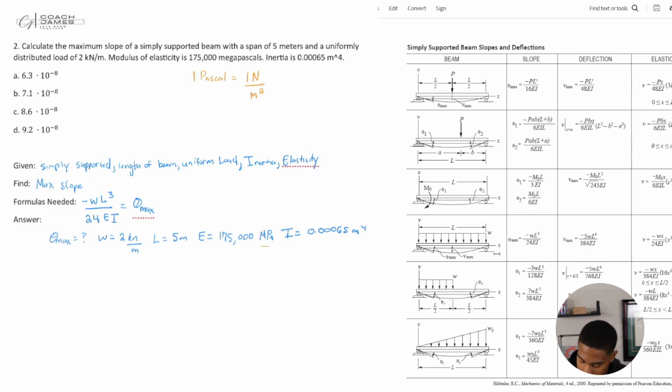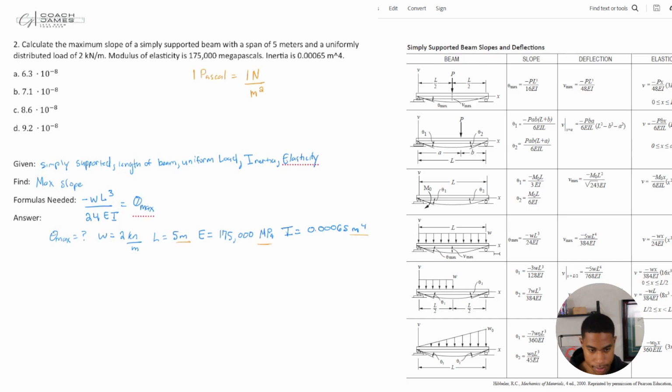So if we can get this into pascals, I know that everything's in meters to the fourth, meters, and then 2 kilonewton per meter. And so we'll see what that lands us at, but we also need to make sure that that's in newtons per meter, right?